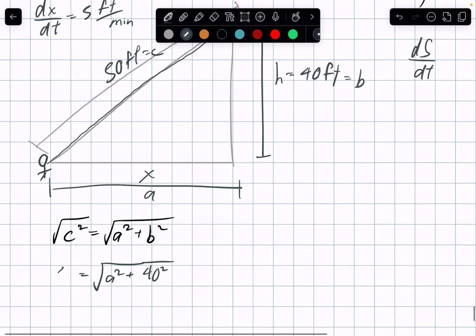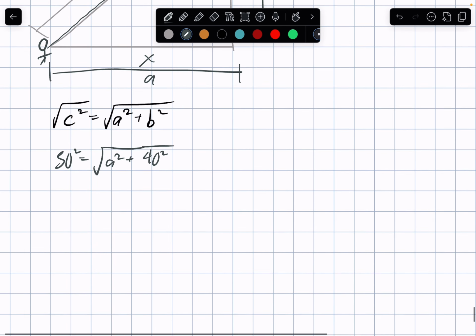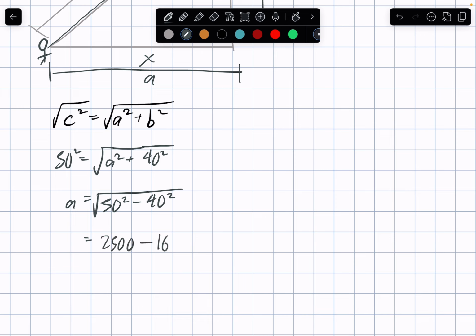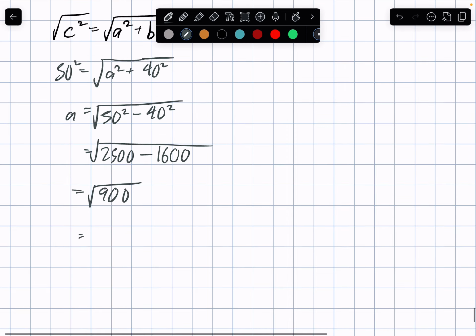C is 50, right? 50 squared is 2500. 40 squared is 1600. So this is going to be 900 or 30 squared. Therefore, A is equal to 30.